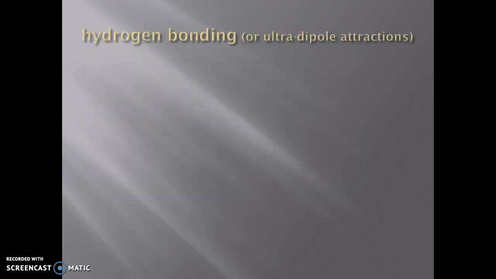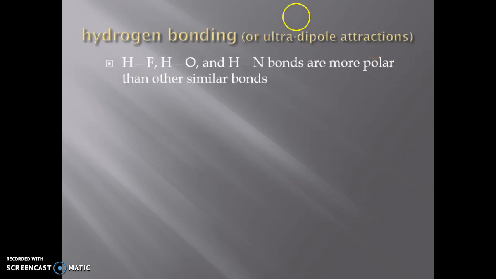Then you have hydrogen bonding, which is ultra-strong dipole-dipole attractions. Again, it only happens between atoms of fluorine, oxygen, and nitrogen that are bonded to hydrogen. The reason is all three of these are relatively small atoms.